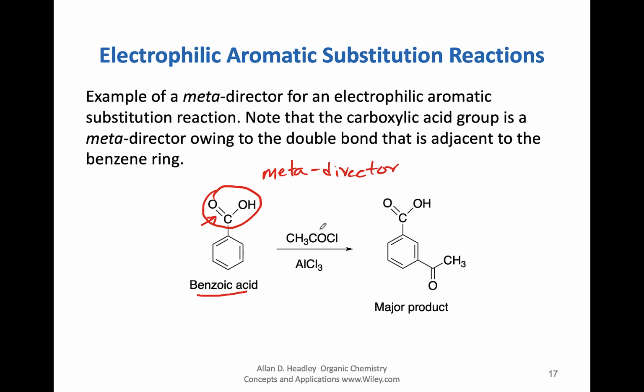So if it's a meta-director, here's our electrophile, E plus here. And you should know that this is really the electrophile here. And of course the HCl is the other inorganic product. But the bottom line is, here's a catalyst. It will direct it into the meta position. So here's the major product of this reaction.